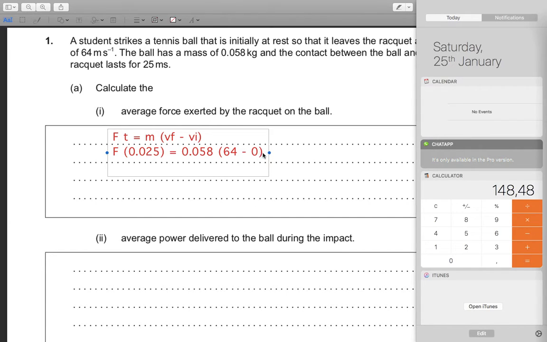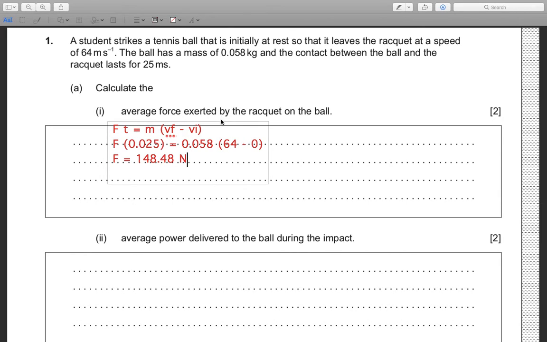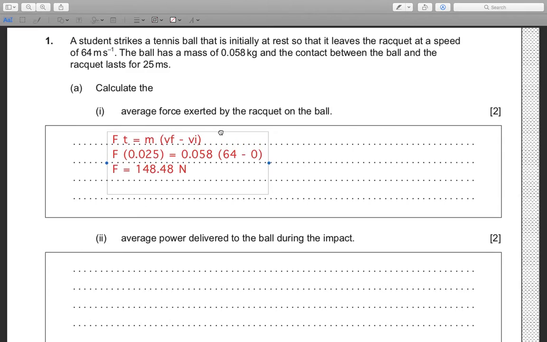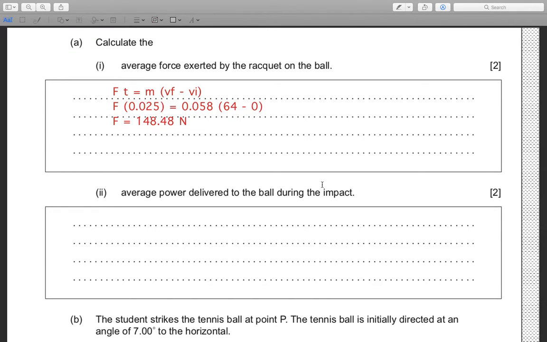So F equals 148.48 newtons. Yes, this is the answer for question 1. So, continue to the next question.